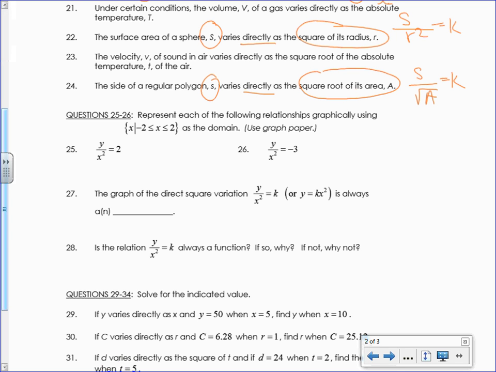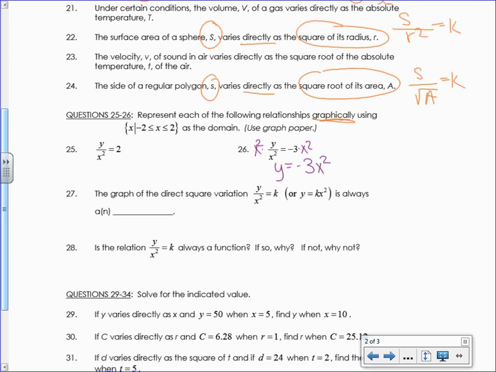For 26, again, it wants us to represent this graphically. So you're just going to graph this right here. All right, and remember, to graph, we need to get y by itself, so we can multiply both sides by x squared. Okay, and this is just saying, we haven't really talked about domain and range yet.